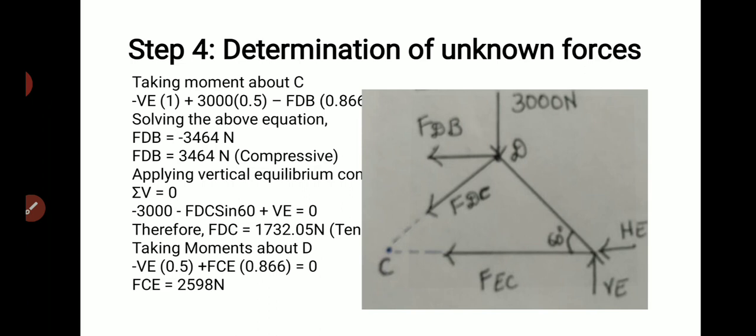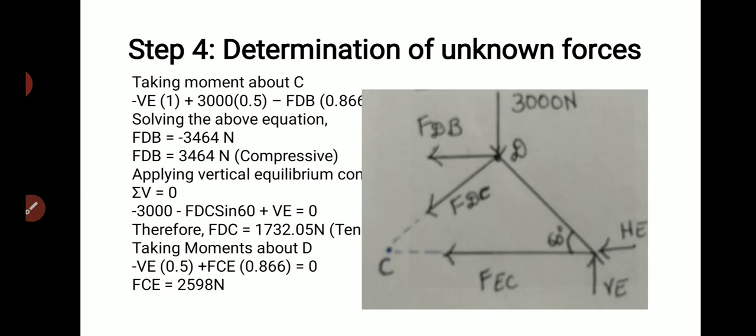So as in the case of method of sections, the very first important step is that I need to take a section so that the maximum number of members are cut in that single section. The second is that I need to project the forces so that they meet at a single joint. At that projected joint, I need to take the moment always.